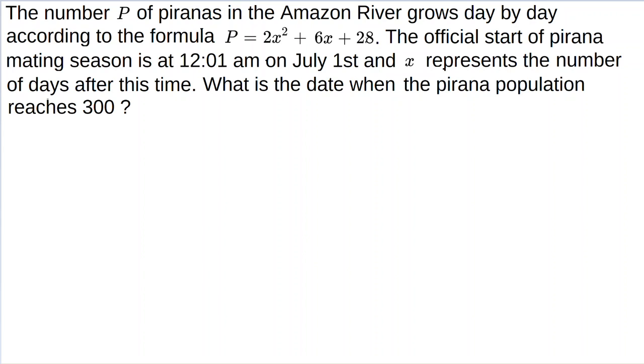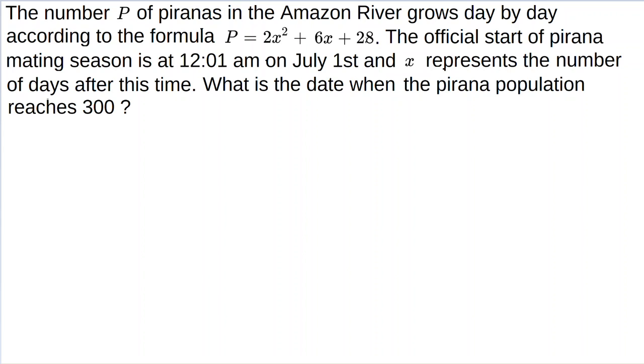Well, if x is 1, then 1 day has elapsed after 12:01. So when x equals 1, the date is actually July 2nd, at 12:01 a.m. That means that 1 day has passed, right? The full July 1st has totally passed.